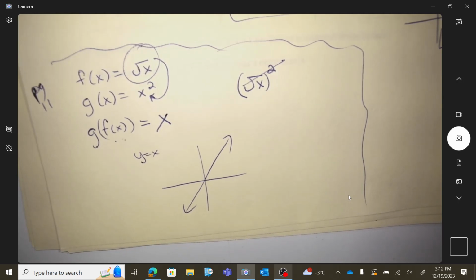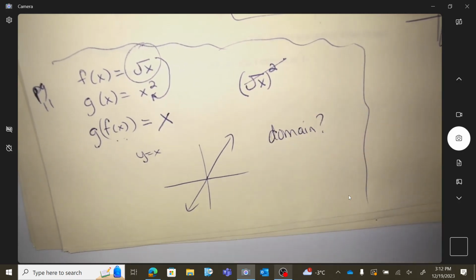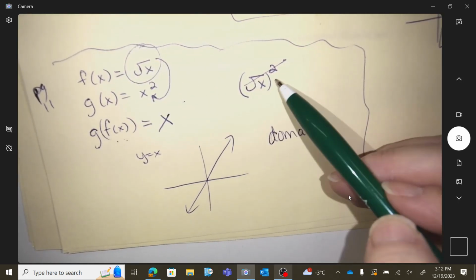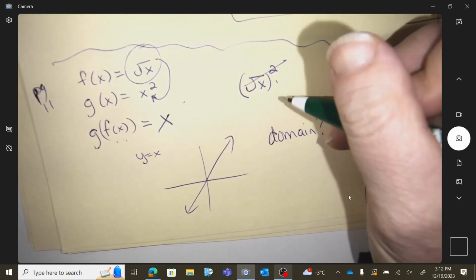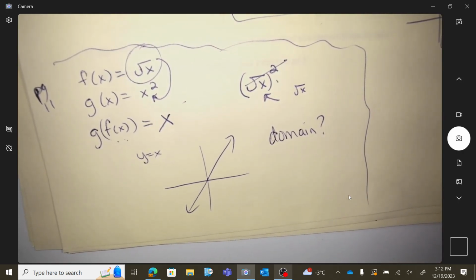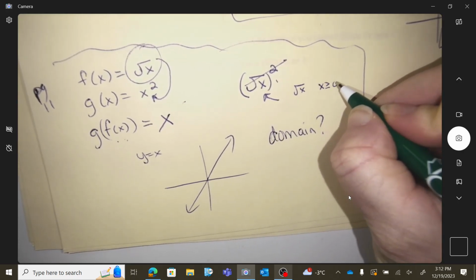But what didn't we consider? Domain issues. Is there issues with our domain? Yes, because we had this radical. So what do you know about the square root of x? There's restrictions on that. So what is that restriction? You can't be negative.